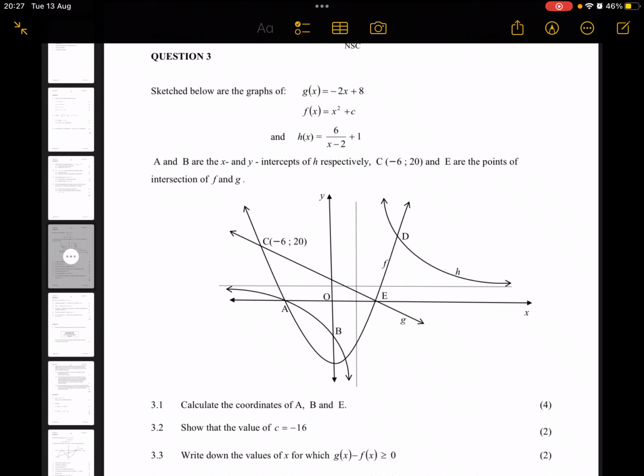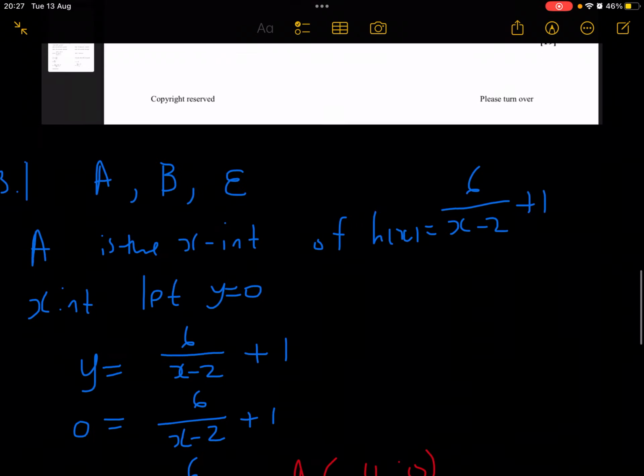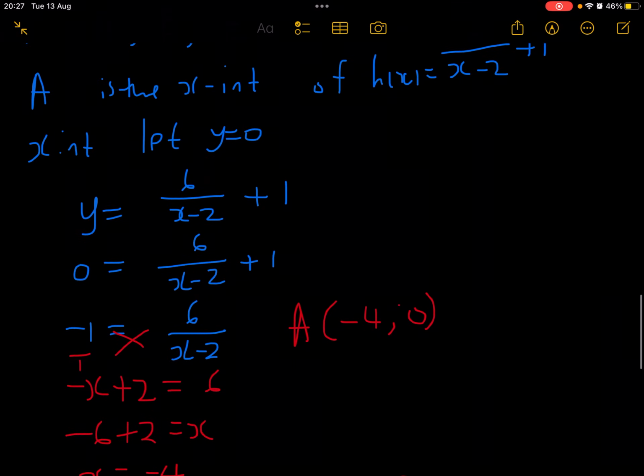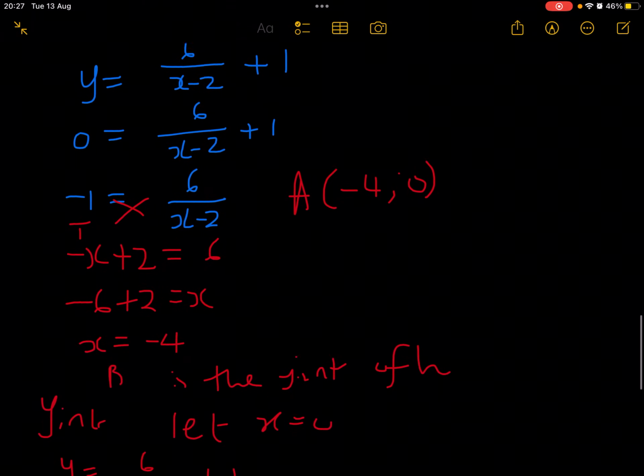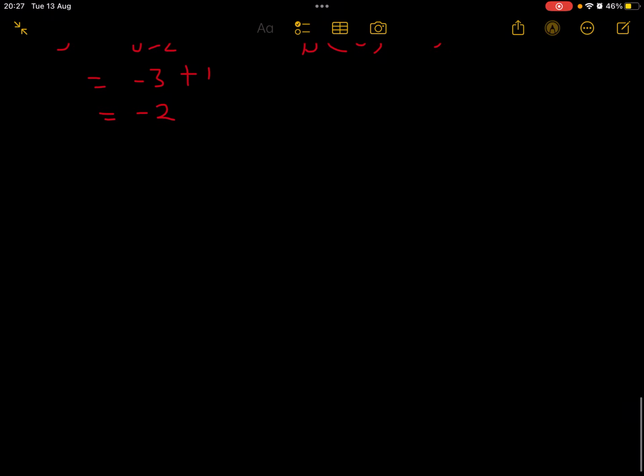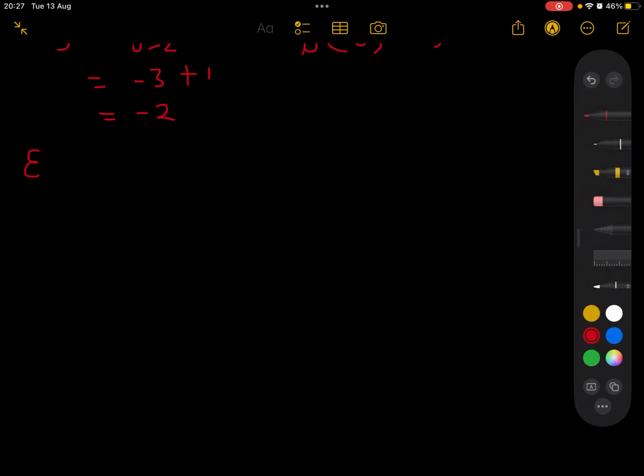So let's go for g. g is the graph which is a straight line, and at E the graph of g cuts the x-axis, so it's an x-intercept, meaning the point E is the x-intercept of g of x, whereby g of x is given by minus 2x plus 8.